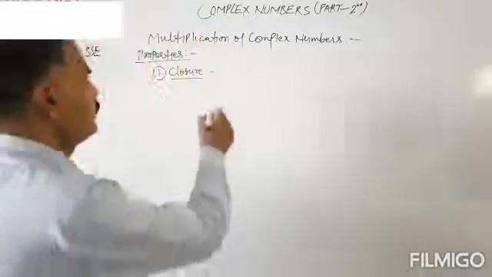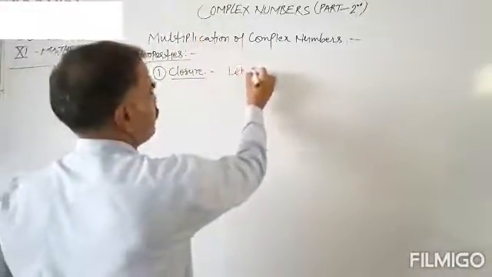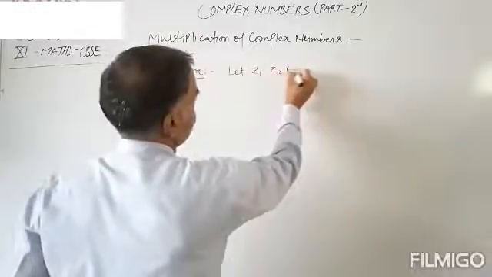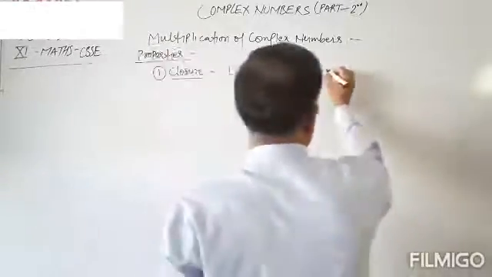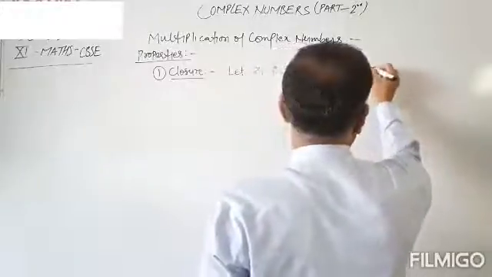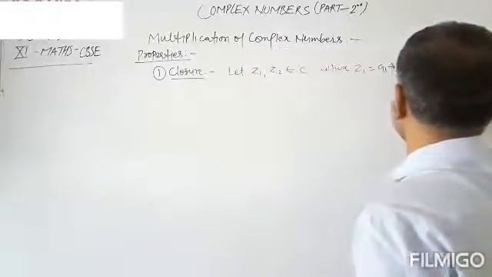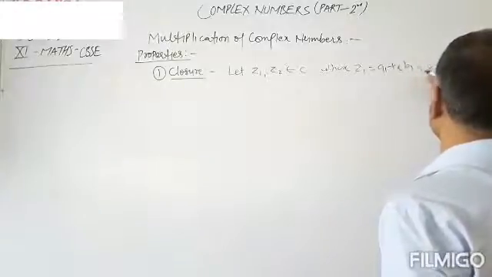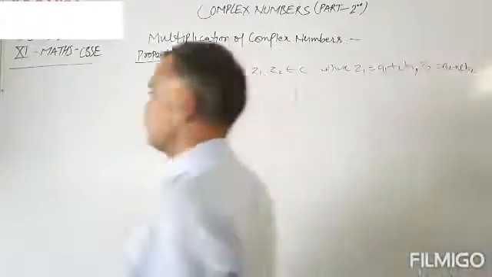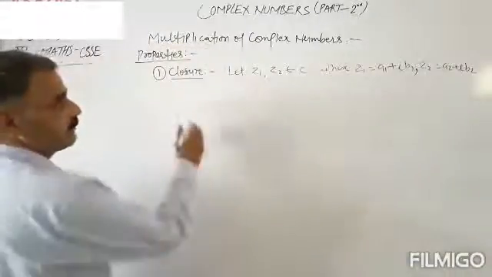Okay, let Z1 and Z2 belong to the set of complex numbers, where Z1 is equal to A1 plus iota B1 and Z2 is equal to A2 plus iota B2. So these are two complex numbers, Z1 and Z2.